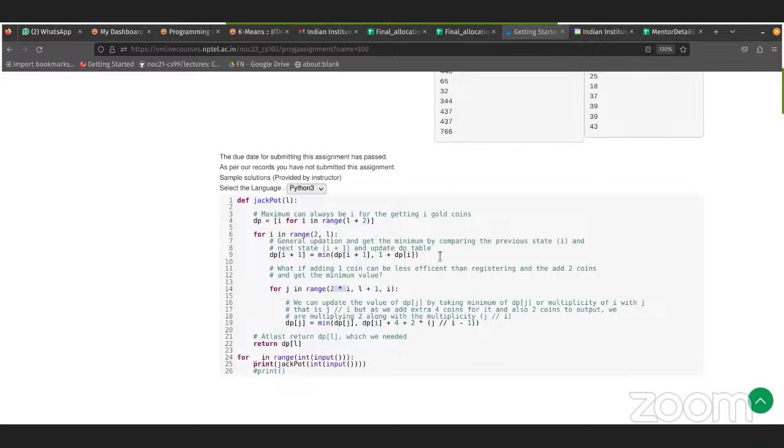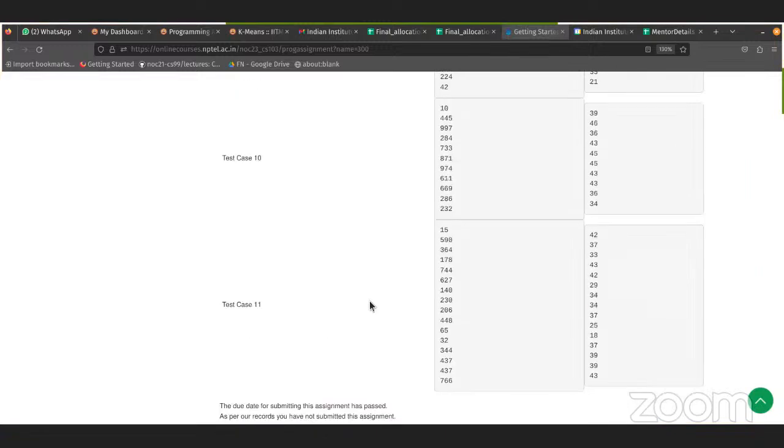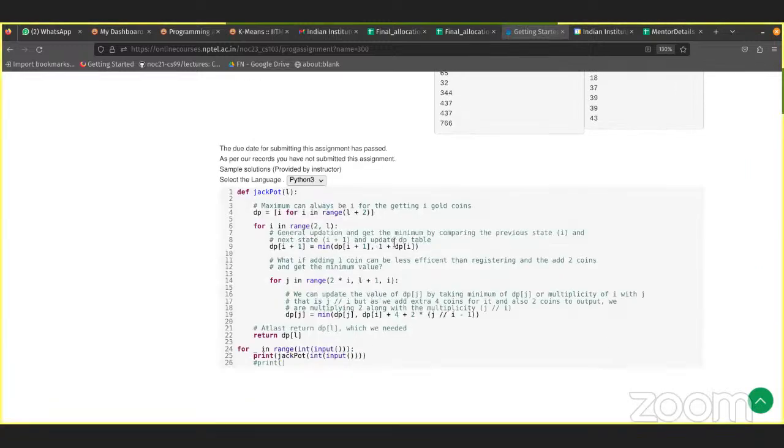If I imagine dp of 5 is equal to 10, then my dp of 10 will be just 12. Again, dp of 15 will be only 14. Something like that we can think of. So that's what we are doing here: for j in range of 2 into i comma L plus 1, and we are skipping i, so we just have multiples of i.